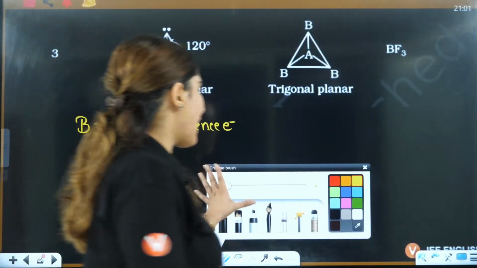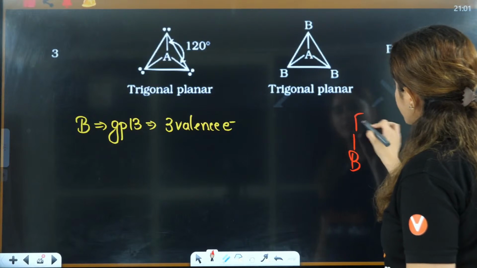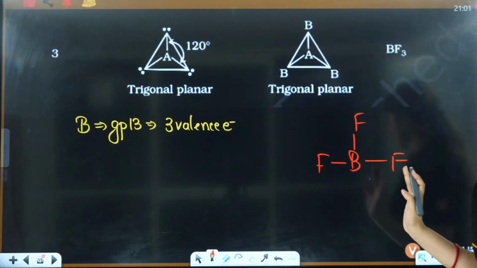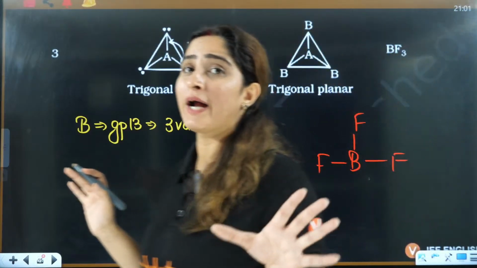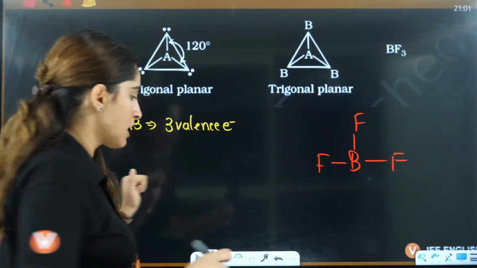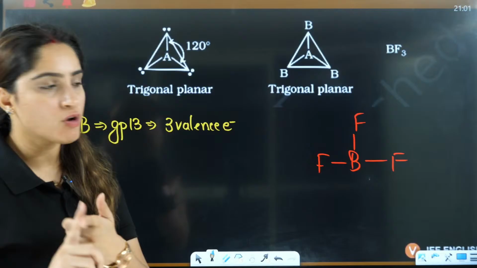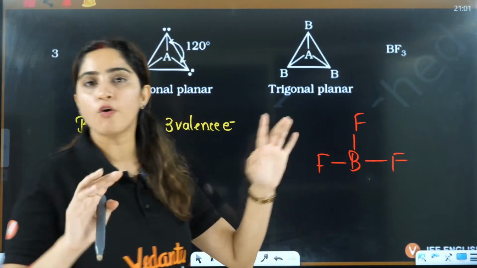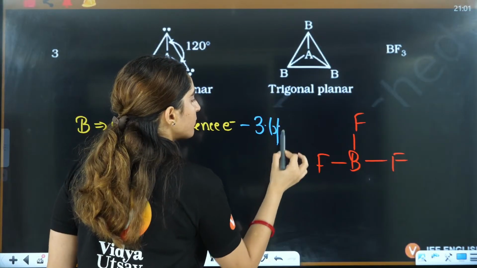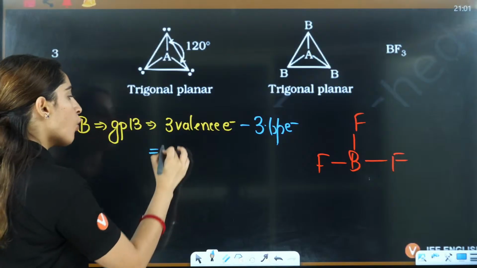In BF3 it must form 3 bonds. Right now I have no idea what the structure will be; I am just saying it must form 3 bonds. Boron had 3 valence electrons, and those 3 are already occupied in making 3 bond pair electrons. So there will be no lone pair.